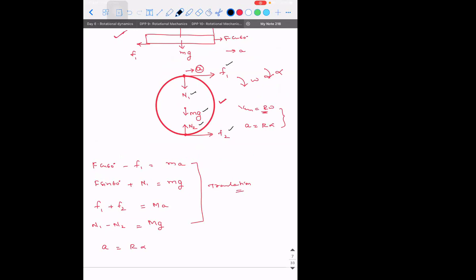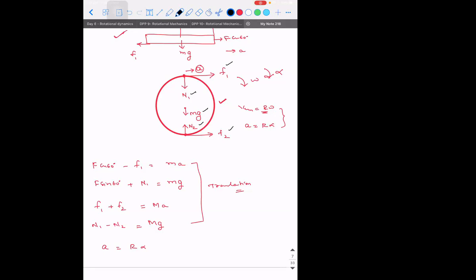There are 5 forces. So out of the 5 forces, what are all the forces that are contributing to the torque? To answer that question, we need to know that whichever force is passing through the axis of rotation will not contribute to the torque. So what are all the forces which are of no use for the torque? N1, N2, mg are not useful. What about F1 and F2?